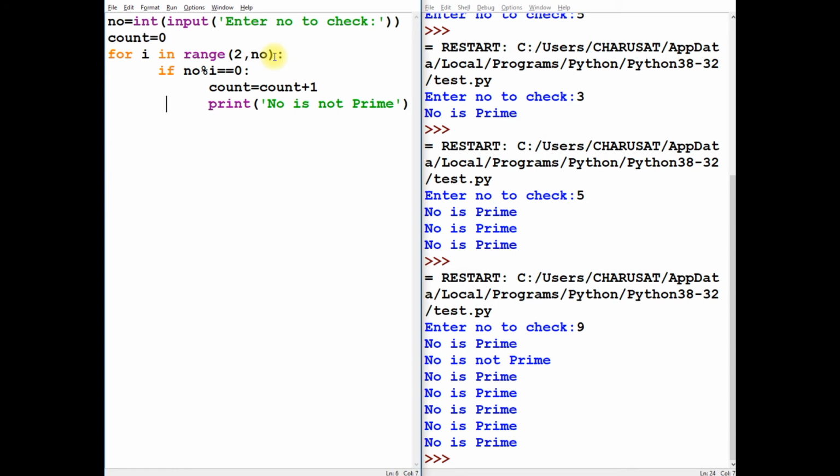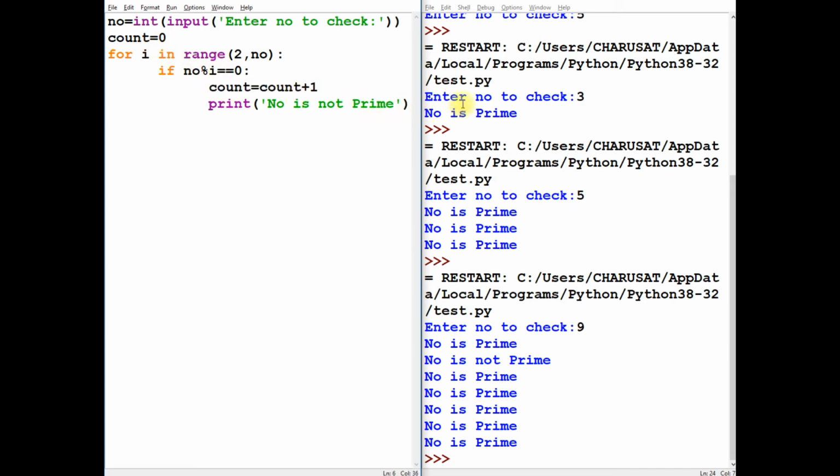So now when this loop is executed, each time this condition is correct, that means remainder is 0, my counter value would be updated by 1. But if a number is prime, in that case this condition won't be true even a single time, and in that case my count variable would be 0.